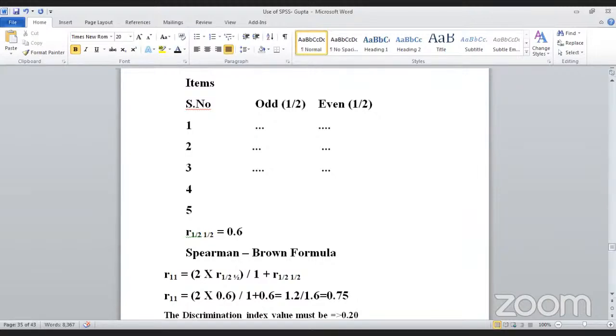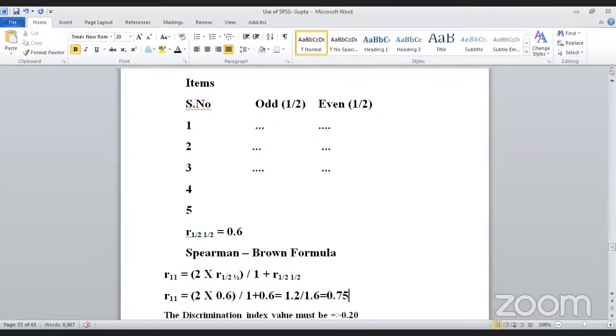The advantage of the split half is you have to administer only once. But the disadvantage is that many a times when you are splitting the items into the two parts, sometimes you do not get equivalent items.